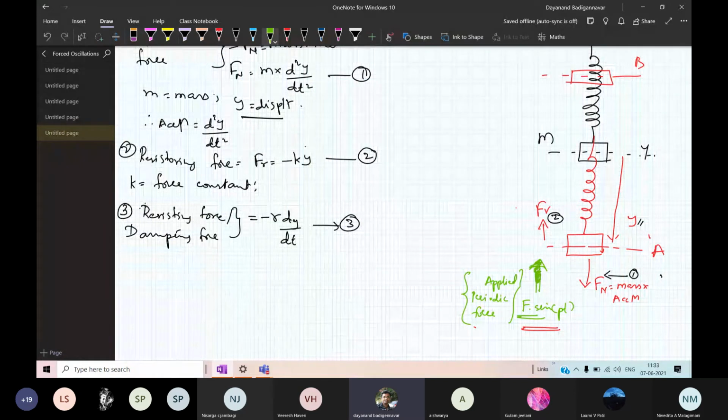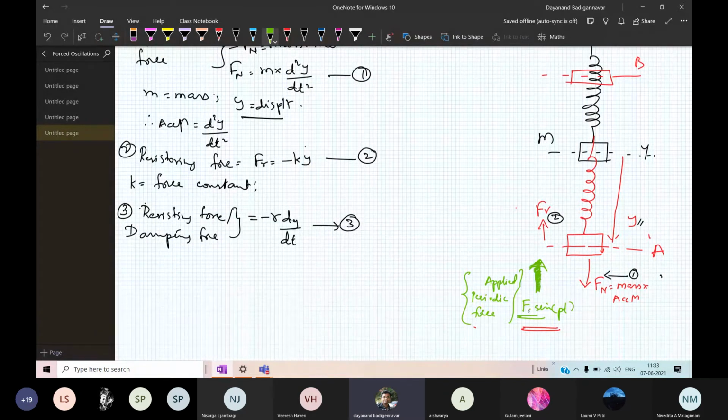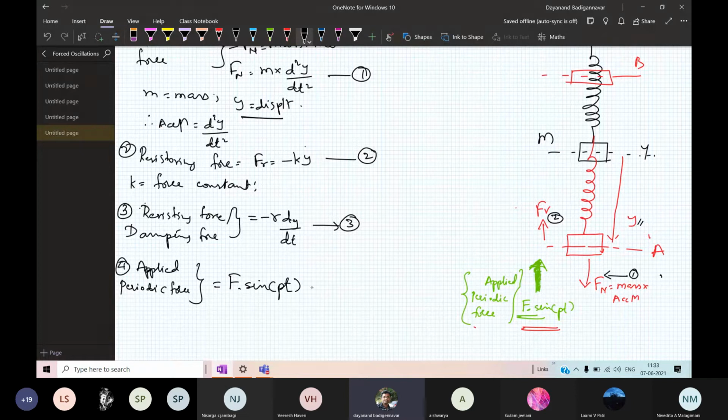This is the direction of the force F, and it is F sine pt. So the fourth one is the new one that you have, called the applied periodic force. It is given by F sine of pt. This I have taken as equation 4.